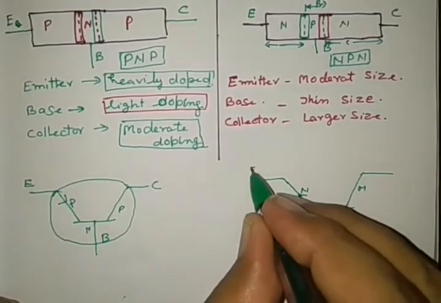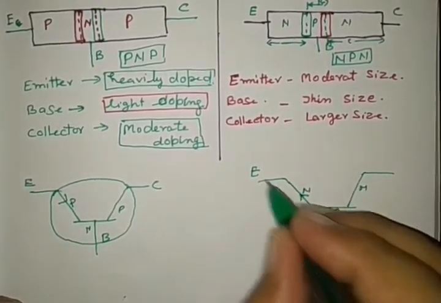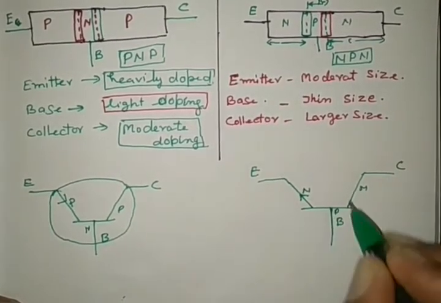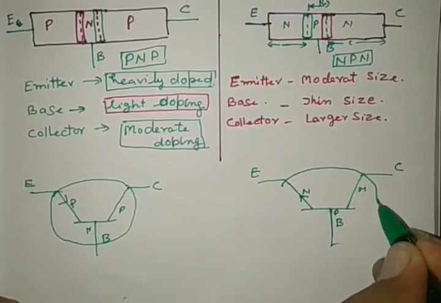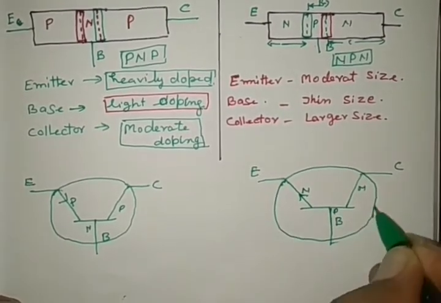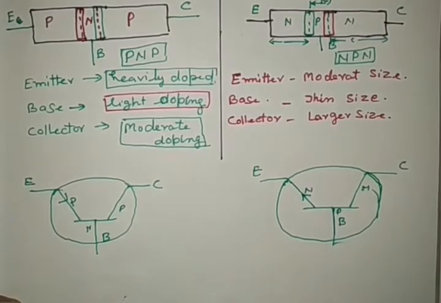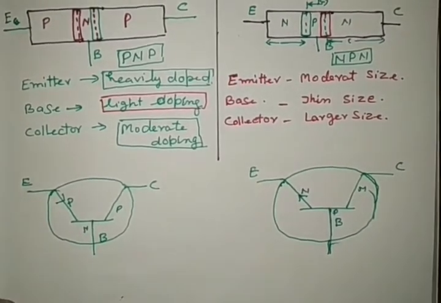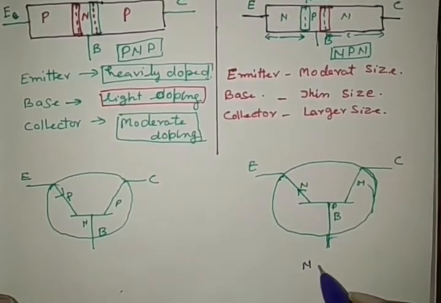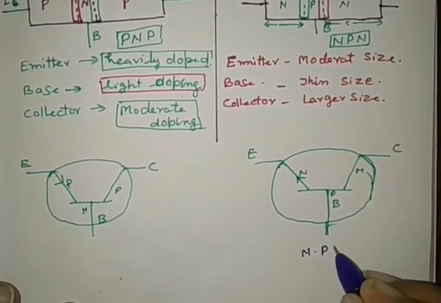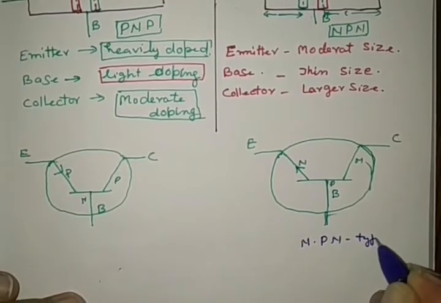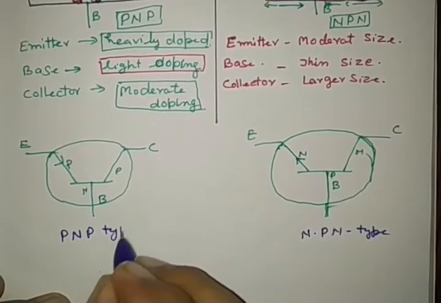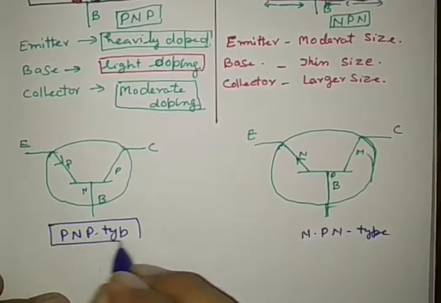These two terminals become the emitter and collector, and this is the base. If we want, we can encircle this totally. The circle may or may not be there. So we may write that this is the NPN type and this is the PNP type semiconductor.